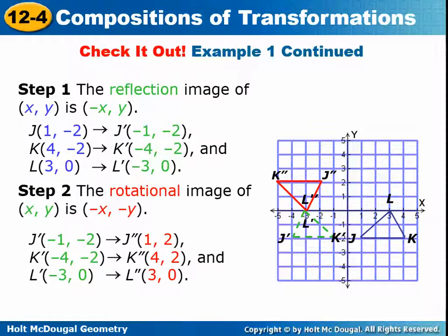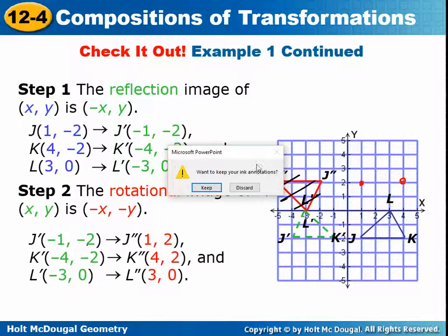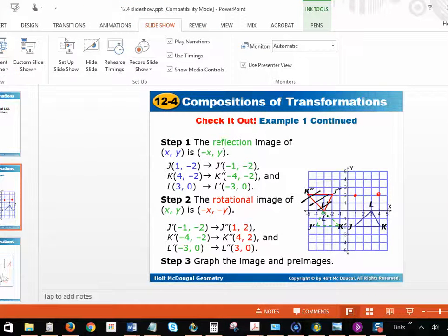However, they drew that in the wrong spot. Do you see that? If you're rotating this 180 degrees, you would change all of their signs as they did, and you would end up with, I'll use red, 1, 2 is right here, 4, 2 is right here. Sorry, I have to start over here.